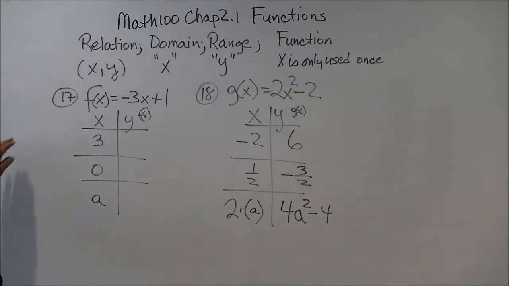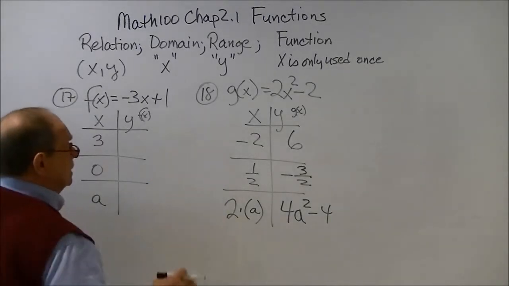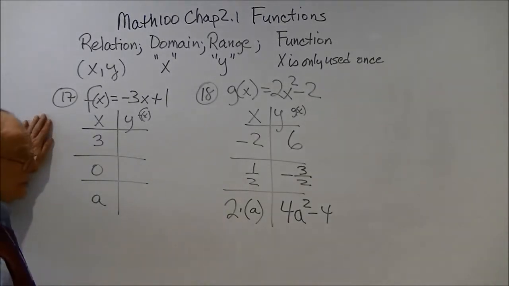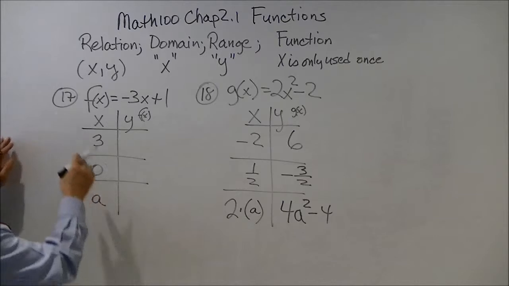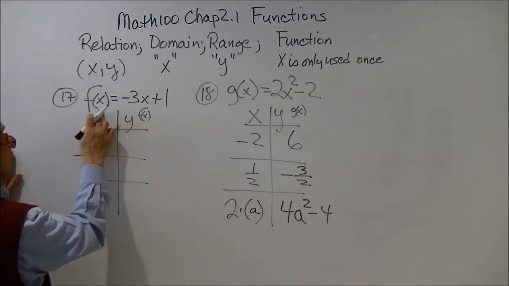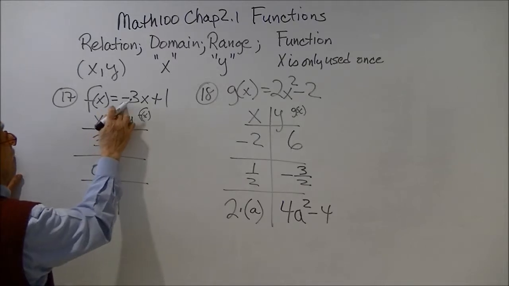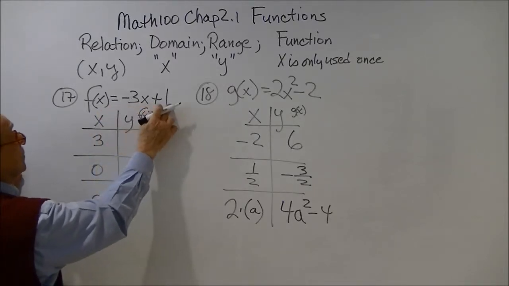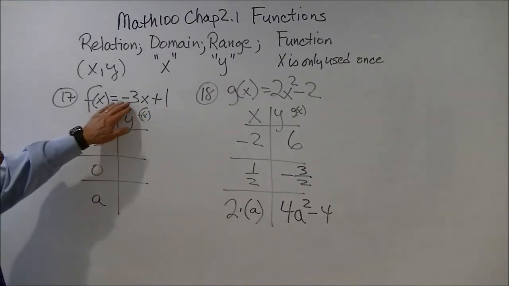Now, 17 and 18 are often the kind of activity they want you to do with functions, where they will describe the function. They're going to say f of x is negative 3x plus 1. And you might say, oh, look at that.